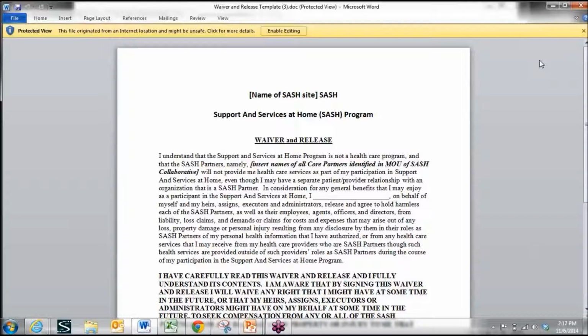Because those organizations kind of stand alone, are medical and healthcare providers, we needed to make sure that all the organizations, when they're in their role as SASH partners, are protected from liability if something goes wrong in a professional relationship that a participant might have with that organization.